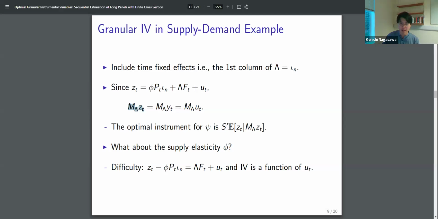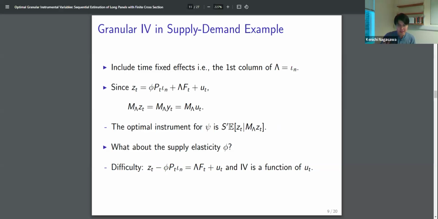When you compute this M_lambda Z_t, it is M_lambda u_t, so it's still a function of the idiosyncratic shocks. So the same argument goes through as in the last section. The optimal instrument for the parameter psi, which is the demand elasticity, is still the same form, where I just replace Y_t with Z_t, but it's really the same thing.